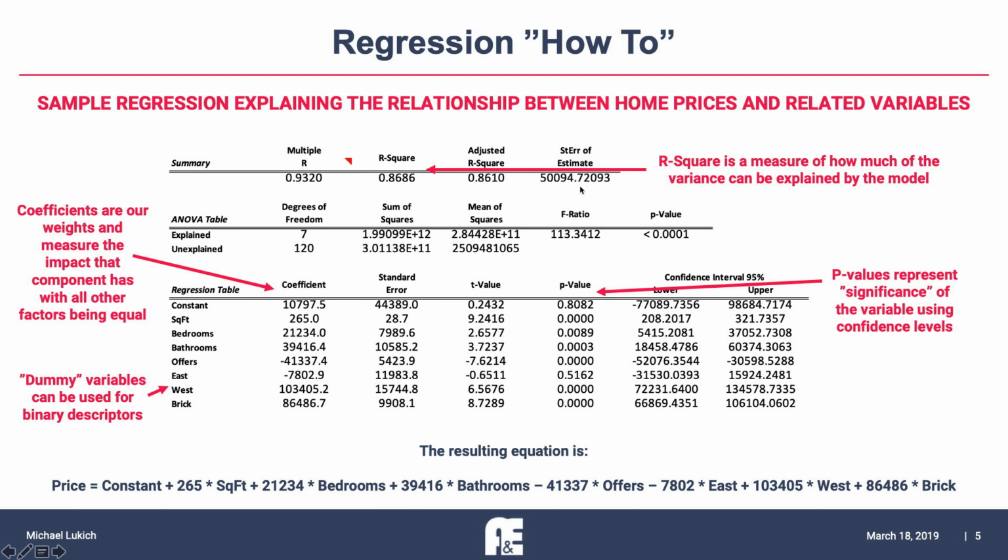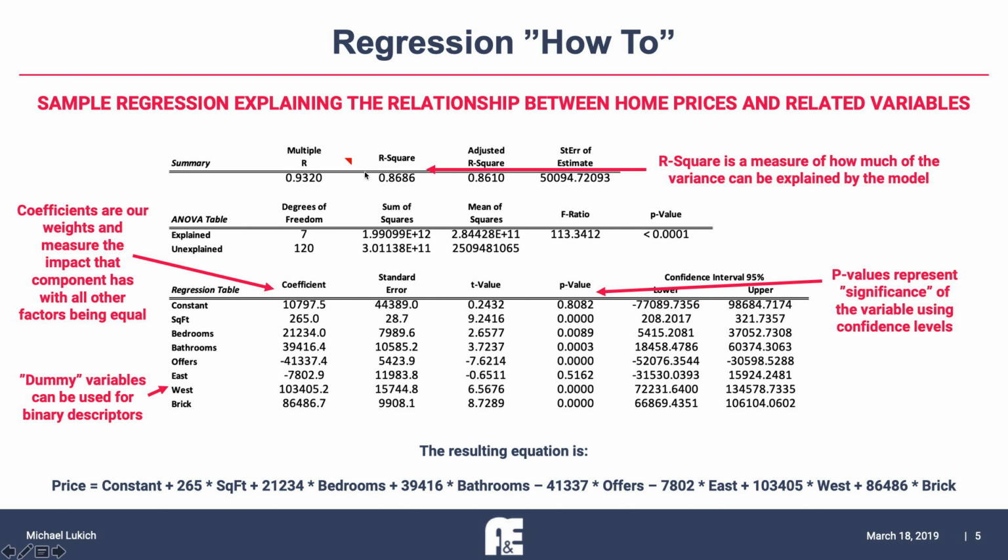There's a few things to look at when you look at regression models. So first is R-squared, and R-squared is just a measure of how much of the variance can be explained by the model. The best you can get here is 1, and in that case you're saying that 100% of the variance is explained by the model, and that's a perfectly linear situation. You're never going to get those situations.